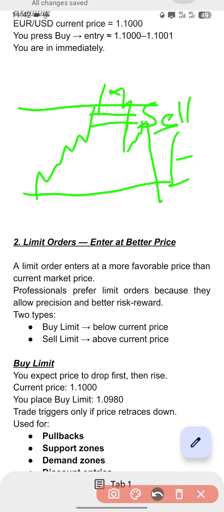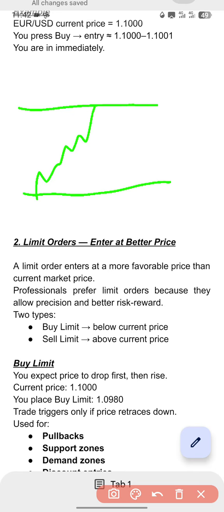Now the same thing goes for a buy limit. If price breaks above, traces back down into the zone, takes out this liquidity, comes back up, then you trade this place at your FVG, place a buy limit order here.